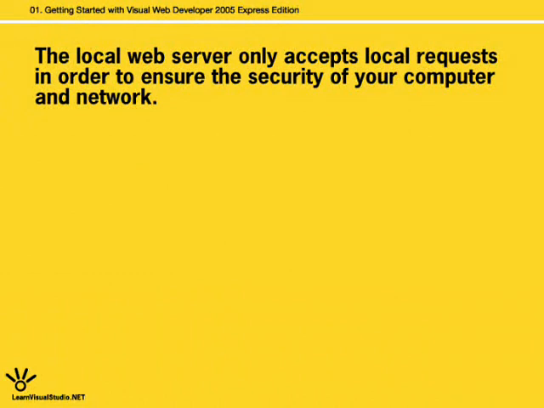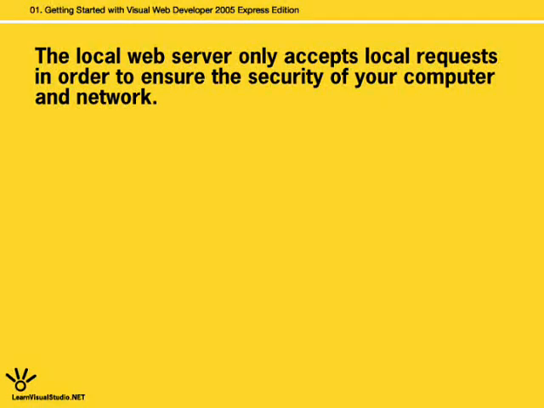And in that case, then you've got this neat little utility that allows you to still develop applications on that platform. Another very important feature of the local web server is that it only accepts local requests. In other words, requests from your browser on your computer while you're working on the development version of your website, in order to ensure the security of your computer and your network.